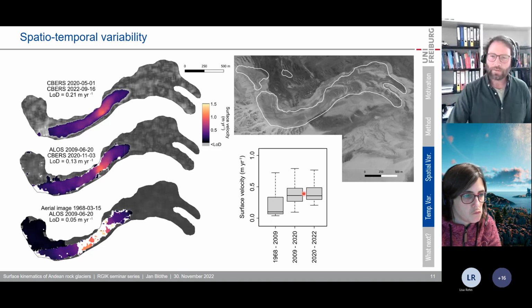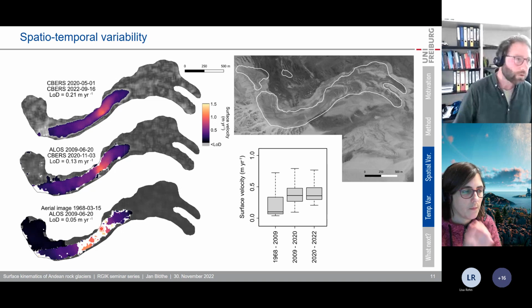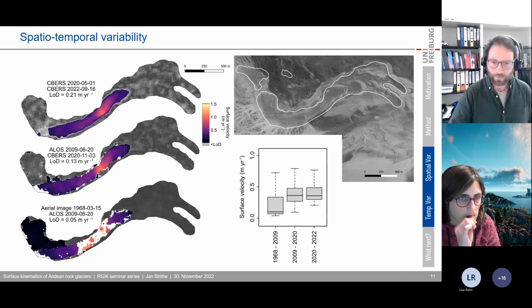But we might see a slight increase in surface velocities from 68 to today, even though this might just be an artifact of the issues with tracking in the higher or faster flowing velocity regions within this landform.